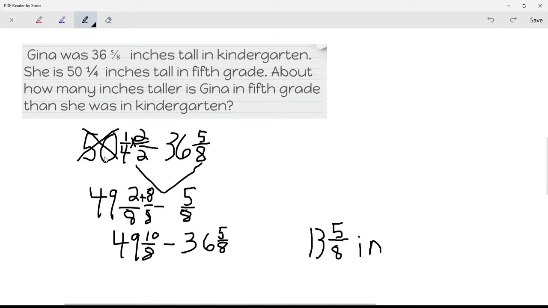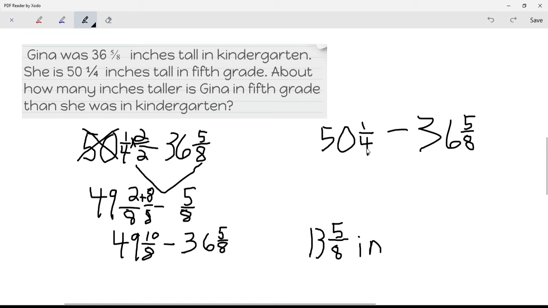That was pretty straightforward. Now, if I wanted to convert this into improper fractions instead of using the borrowing method of subtracting, I would have to do 50 times 4, which is pretty easy.